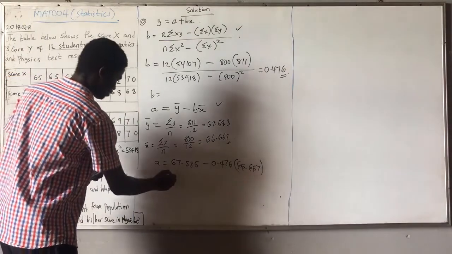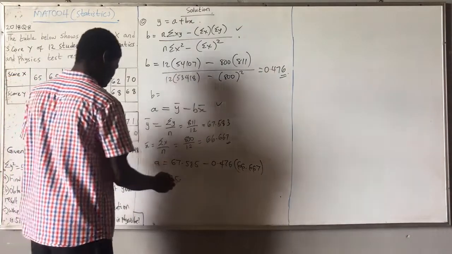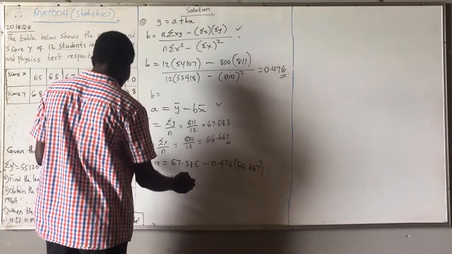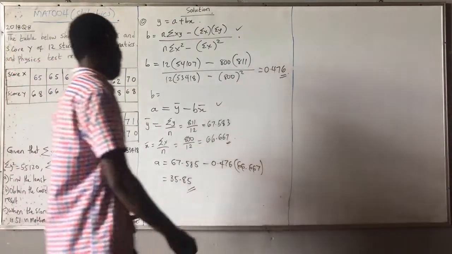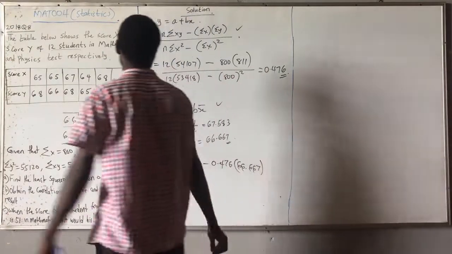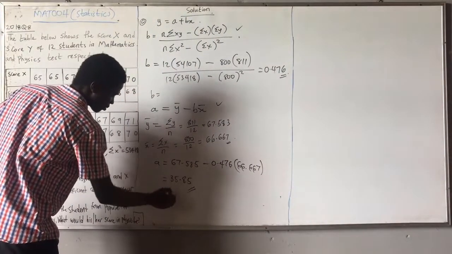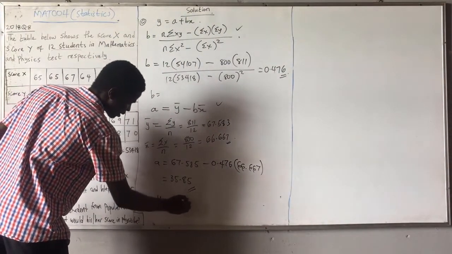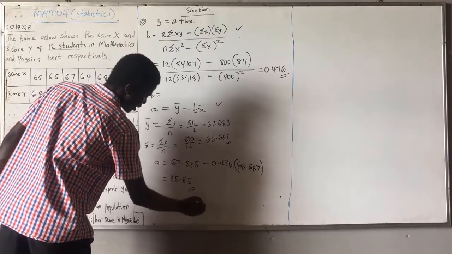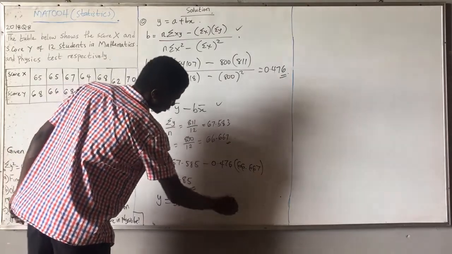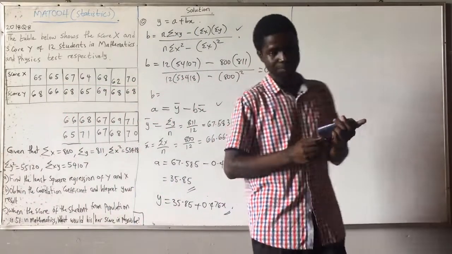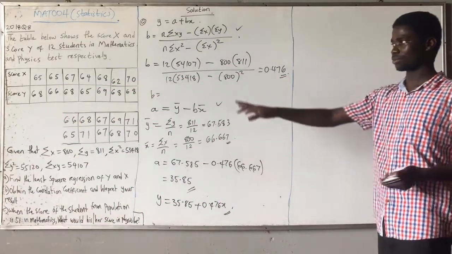The answer is 35.851. Let me just write 35.85. So what they want me to find in this first question, y is equal to A, that is 35.85 plus B x, that is 0.476x. So that is the answer we have for this question.